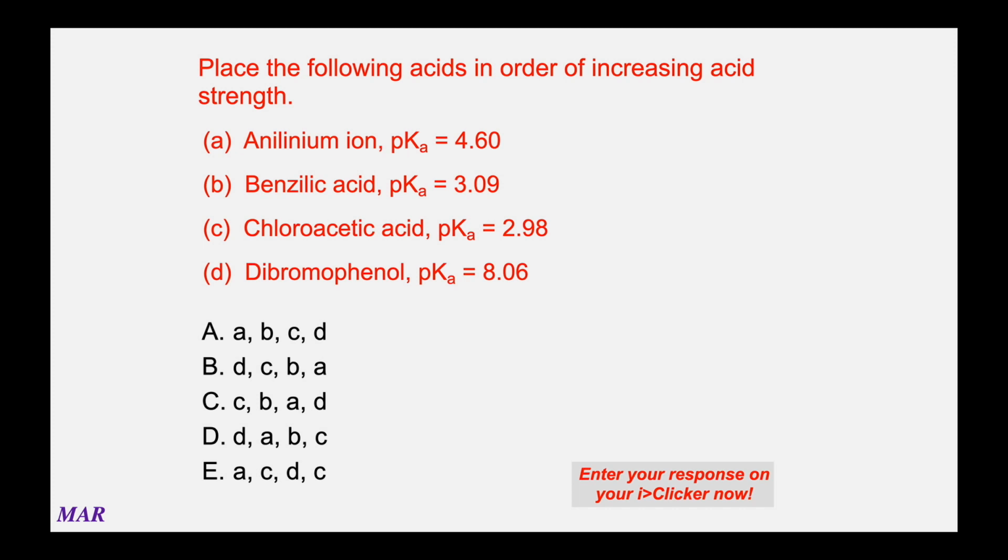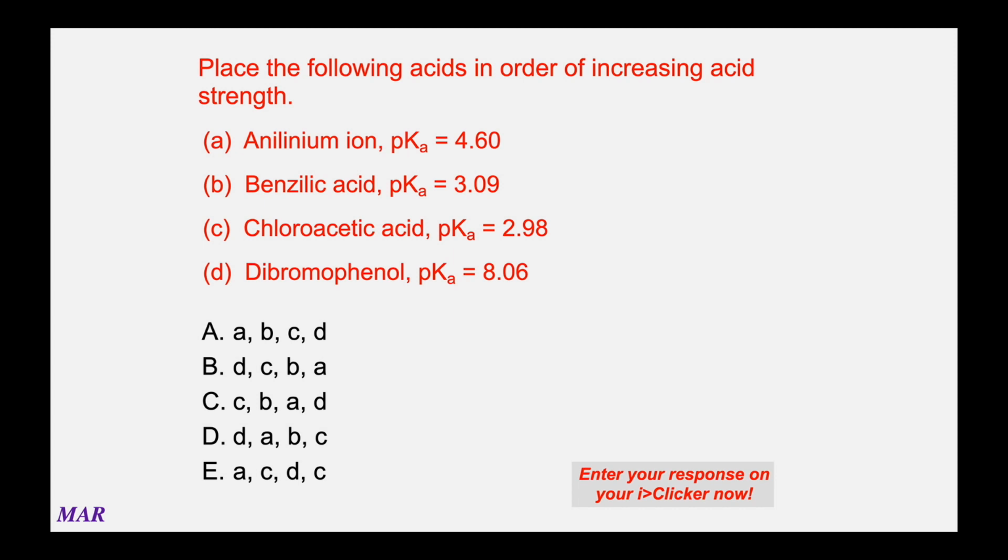If they were Kas, then the biggest Ka would be the most acidic, with the most hydronium, and the smallest Ka would be the least acidic. But this is a pX scale, and for pH, which is hopefully the most familiar to you, smaller numbers mean more acid, and bigger numbers mean less acid.